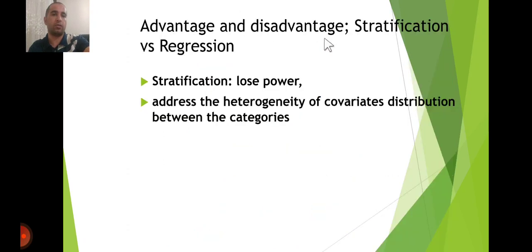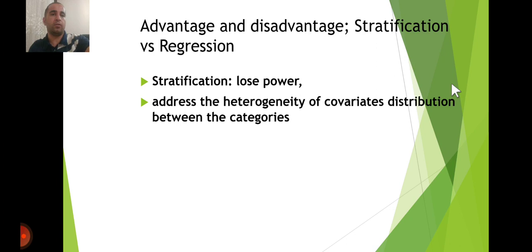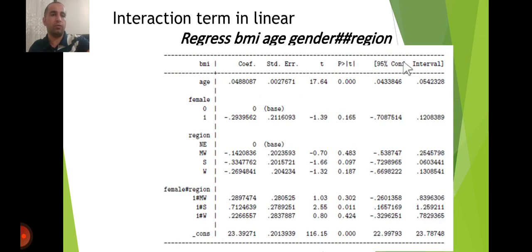So let's go back to our example here. As you can see here, we not only put the interaction effect in the model, but also the main terms as well. So here, gender is the main term, smoking is the main term, and this is the multiplication term, which we are looking for actually. So here, if you use double hashtag in the Stata software, we can see the main terms of the region and gender as well.